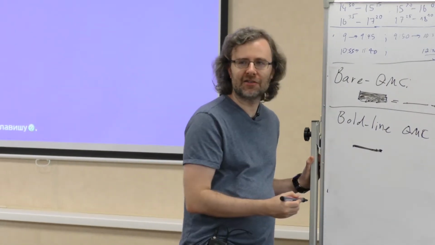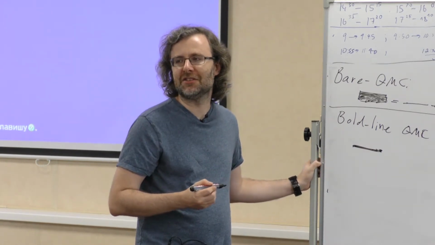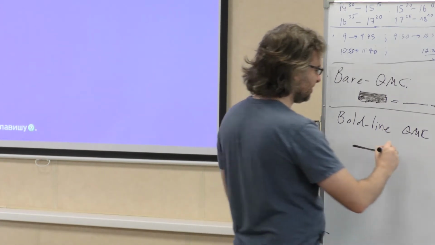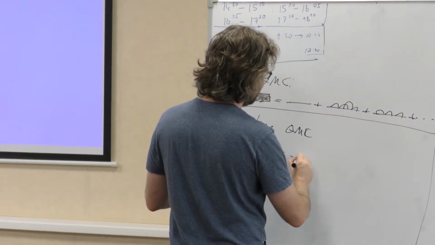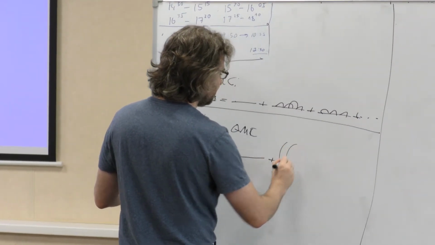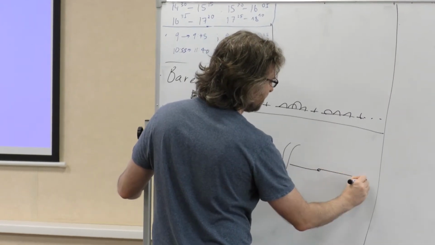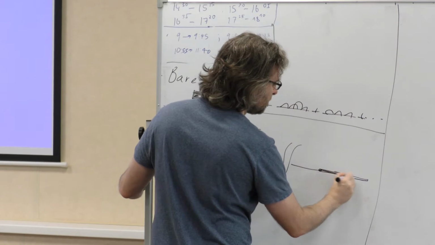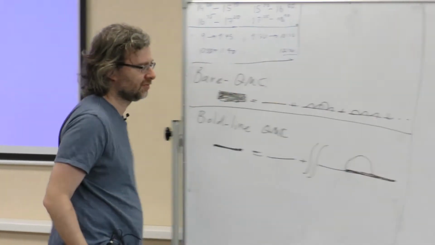This is the result of using some self-energy. So we will define this as the solution of an integral equation that looks like this. Bare propagator plus a time integral over these two points, something like this.